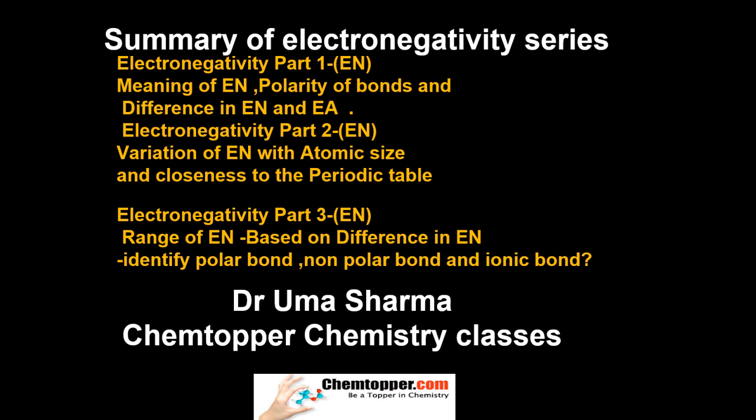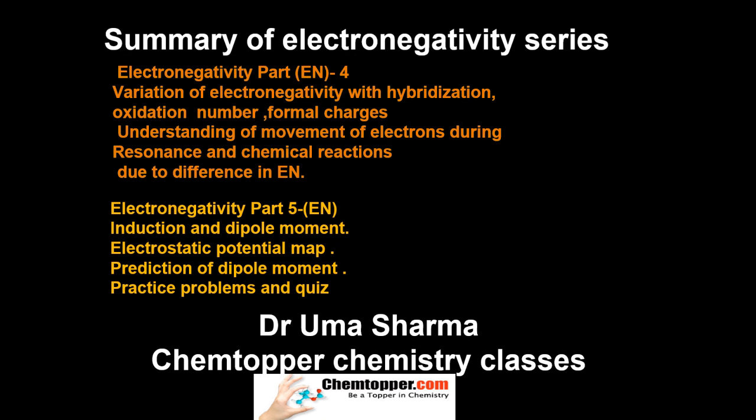In this electronegativity series, which is covered in 5 parts, Part 1 deals with the introductory part of electronegativity and the meaning of polarity of bonds. Part 2 deals with variation of electronegativity with atomic size and closeness to the noble gases in the periodic table. Part 3 deals with the difference in electronegativity and, based on that, identification of chemical bonds as polar bonds, non-polar bonds and ionic bonds.